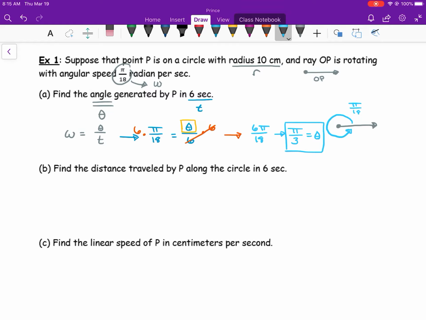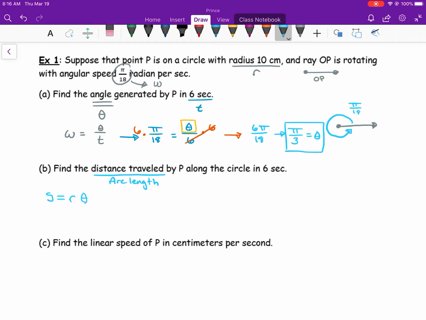Part B wants us to find the distance traveled by P along the circle in 6 seconds. Our distance traveled is our arc length. From a previous section, arc length is S equals R times theta.